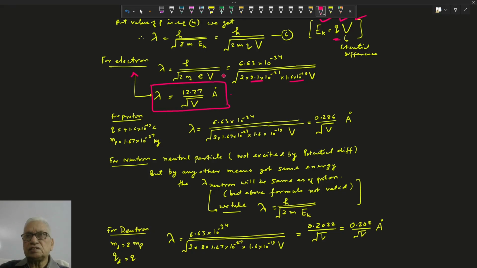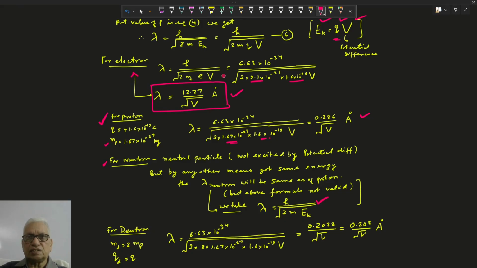The wavelength is given by 12.27 upon under root v angstrom. For proton, the charge of proton, the mass of proton, putting all the values here, this comes to 0.286 upon under root v angstrom. For neutron, although it is not a charged particle, it is moving, so it is producing a wave. But it cannot be accelerated by the voltage, only by some other means. If it is moving with the same velocity, same kinetic energy, then we can find out the wavelength by this equation.